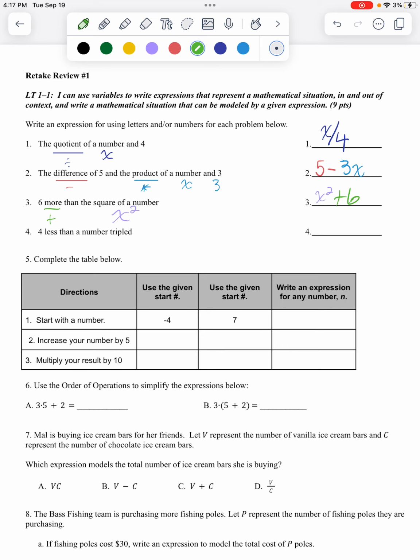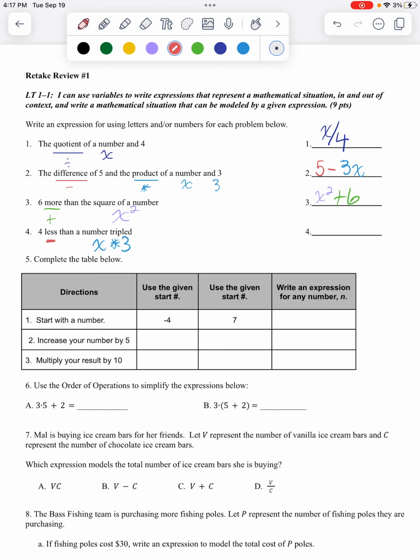4 less than a number tripled. So 4 less is minus. Tripled means times 3. That's a fancy word for multiplying by 3. And then a number, of course, is x. So we have, now 4 less, it seems like you would do 4 minus 3 times x, but think about what number is 4 less than, say, 7. Well, that's 3.